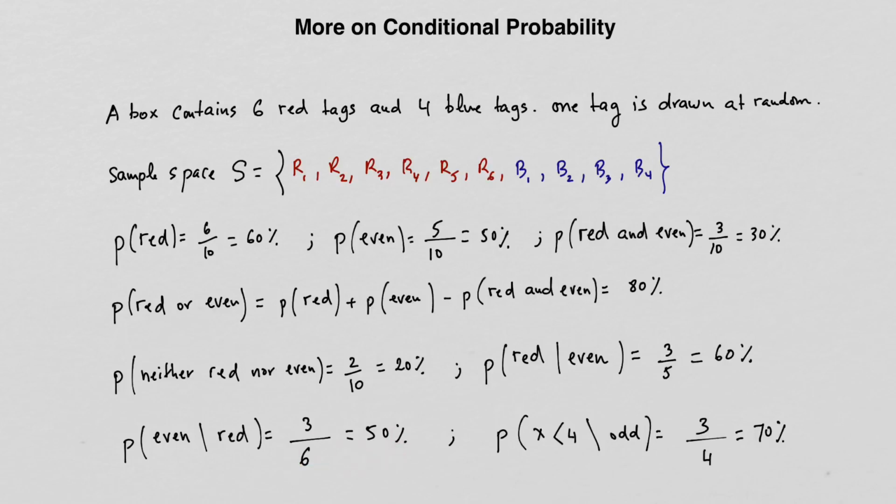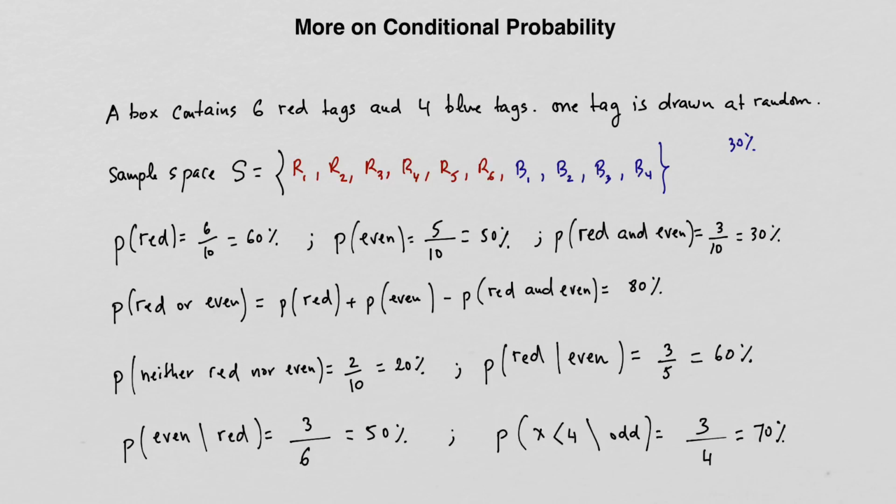Once again, you can use the formula: P of even given red is P of even and red divided by P of red. P of even and red is this one, that's 30%. Let me see if it's true. So we got 30%, divided by the probability of red, which is 60%.